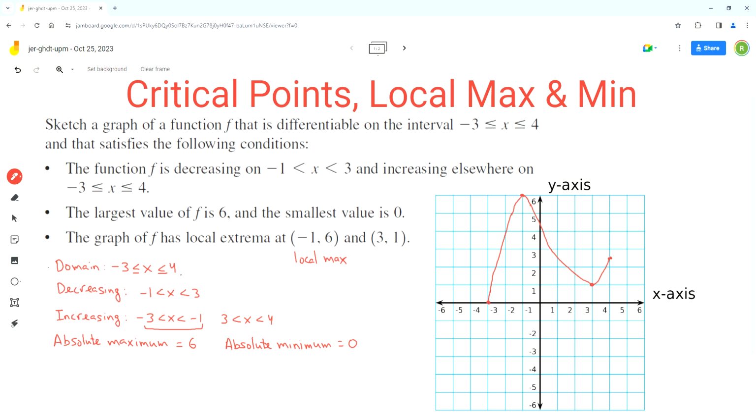So this is the absolute minimum value. So these are the steps you have to keep in mind to solve a problem like this one. So in order to sketch a function with this type of given information, it's very important to analyze the information carefully and then graph the function.